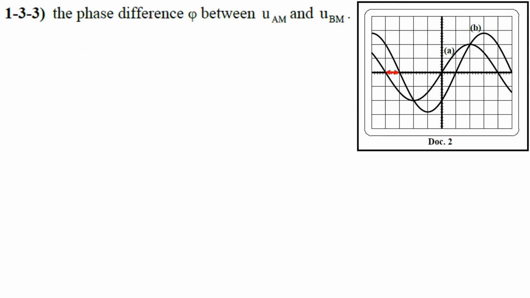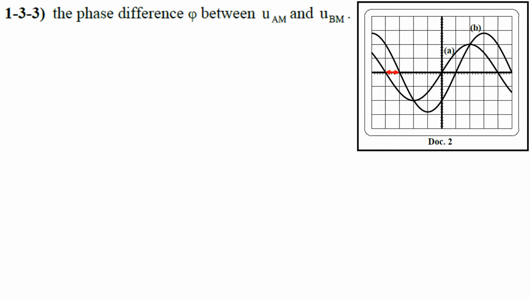For the phase difference. This is the first curve, curve A, representing UG, and this is the second curve, curve B, representing U across R1, or UAM and UBM. As you see, the difference between them is 1 division.